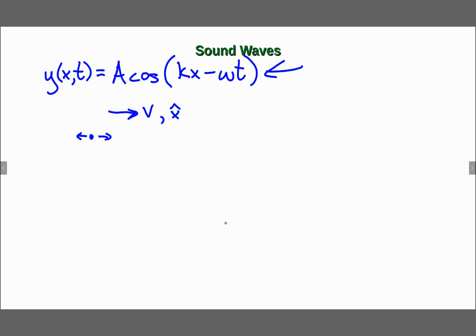So x is this position of equilibrium, and then at every point along the area that the wave is traveling through, we can use x to describe the equilibrium position of the particles in that direction, right? And then y to describe the oscillation of those particles around the equilibrium. Okay. Now this is exactly what we were doing with the transverse wave as well, right? X was the point of equilibrium, and y was the oscillation around that equilibrium. The difference was just the way that they were aligned, right?